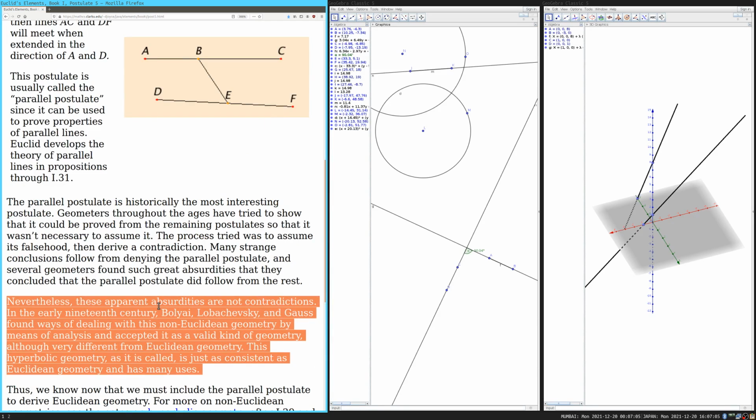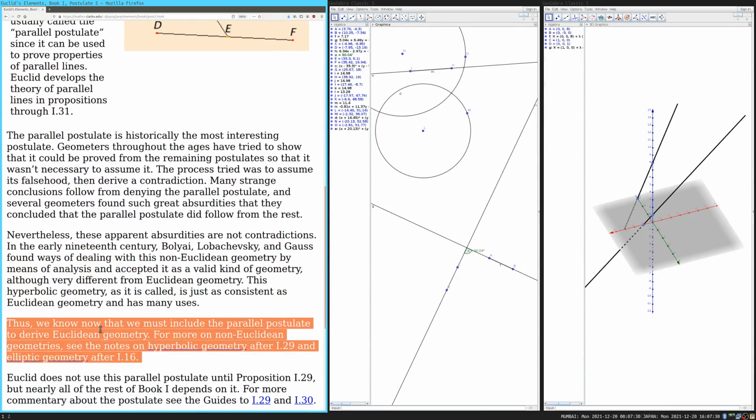In the early 19th century, and this is going to be fun when we get to this, Bolyai, Lobachevsky, and Gauss found ways of dealing with this non-Euclidean geometry by means of analysis and accepted it as a valid kind of geometry, although very different from Euclidean geometry. This hyperbolic geometry, as it's called, is just as consistent as Euclidean geometry and has many uses, like physics.